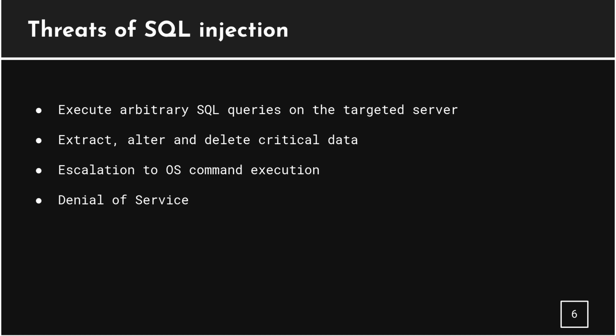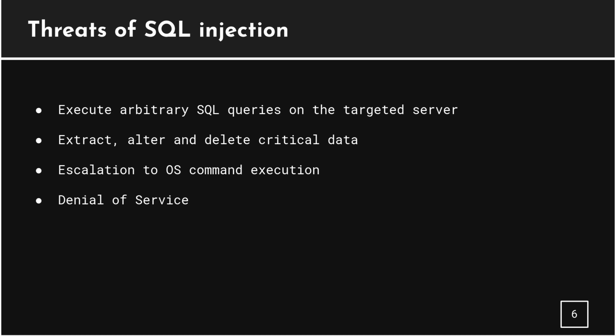Just imagine how devastating it would be for a company to find out that all their data was stolen and deleted from the database due to an SQL injection attack. Next up, some SQL injection vulnerabilities might result in operating system command execution, which would give us complete control over the exploited server. So it's not just the database server that's exploited here, it's the server also hosting that database server.